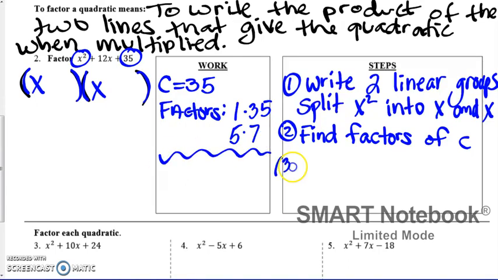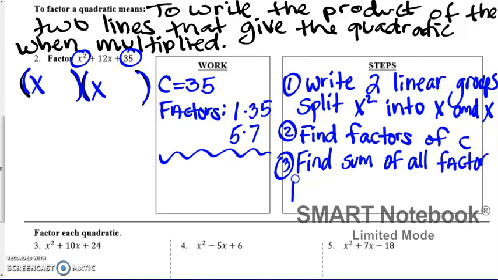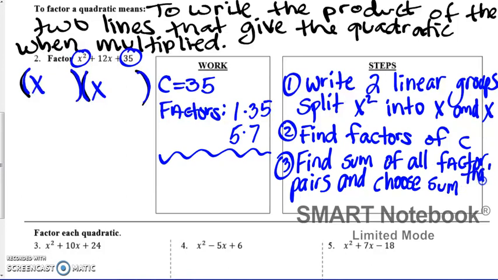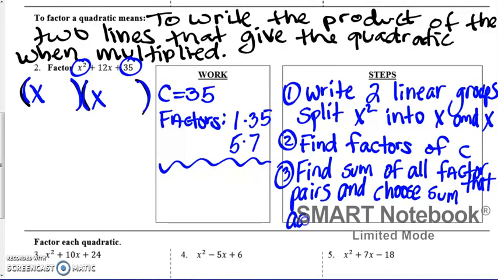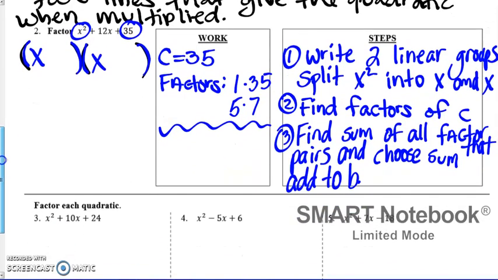And then the third thing I'm going to do is I'm going to find the sum of all factor pairs and choose the sum that adds to B. Okay?